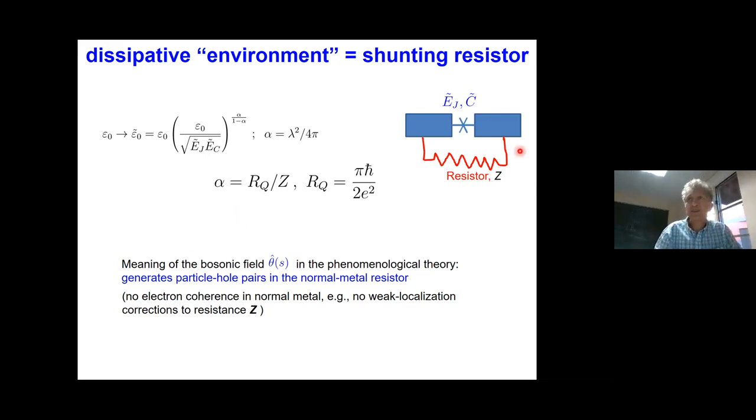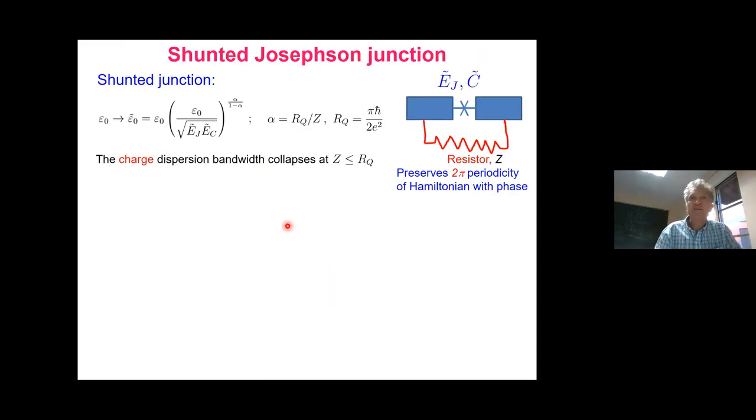And in this rendition, which is more real, the parameter alpha is inversely proportional to the resistance of this resistor. I call this resistance for now capital Z. R_Q is the quantum unit of resistance here. So once again, the charge dispersion collapses, and that happens at small resistance of the shunt.